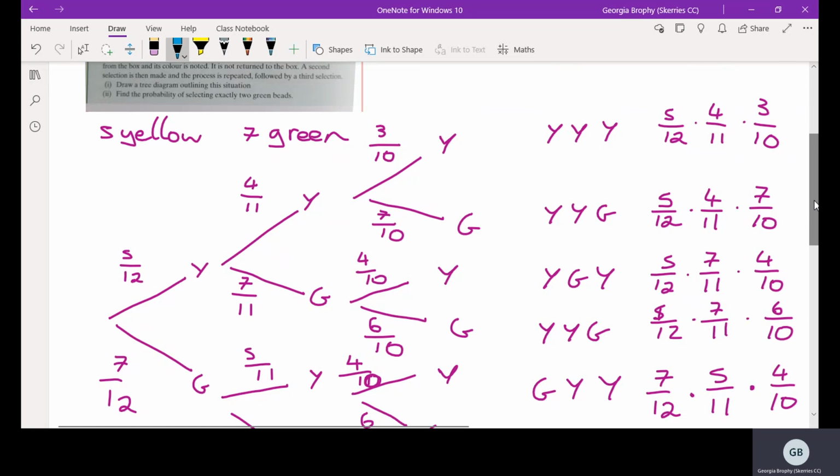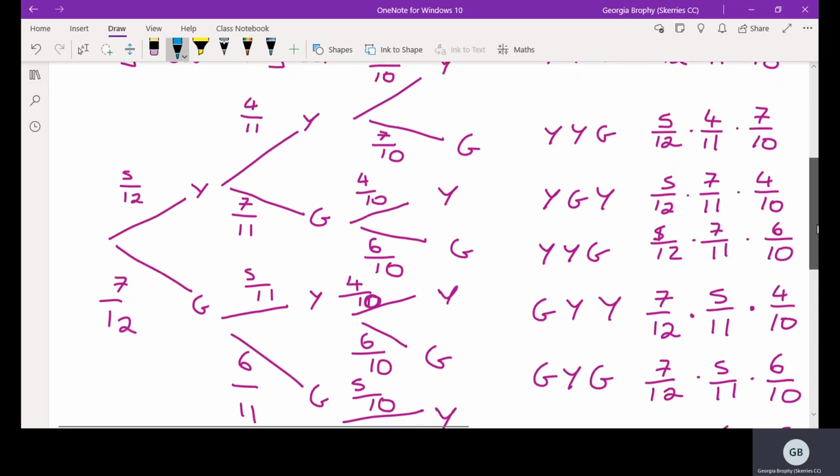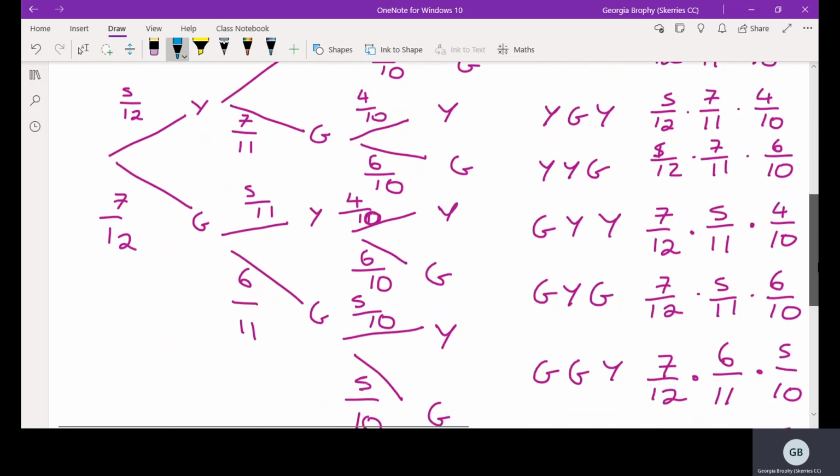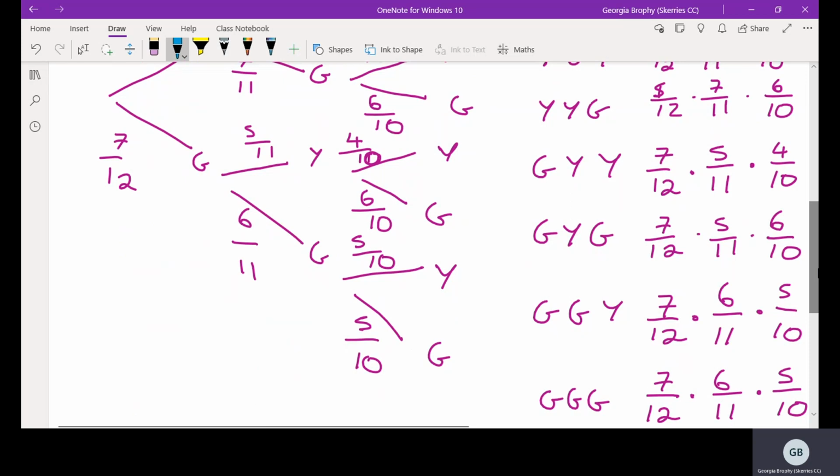The next one was 2 yellows and a green. The next one is a green and 2 yellows. So the first one is this one here. No, it isn't. Sorry. It's this one here. 2 greens or 2 greens. They seem to be my only 2 options.